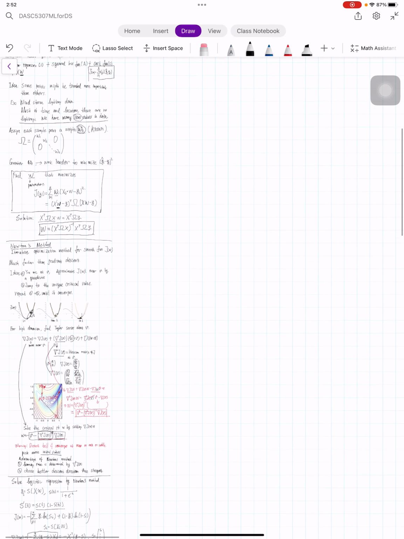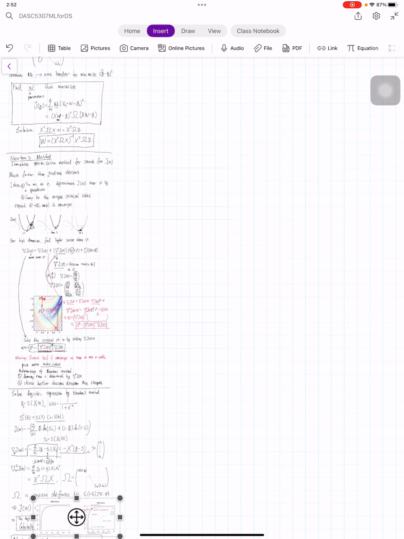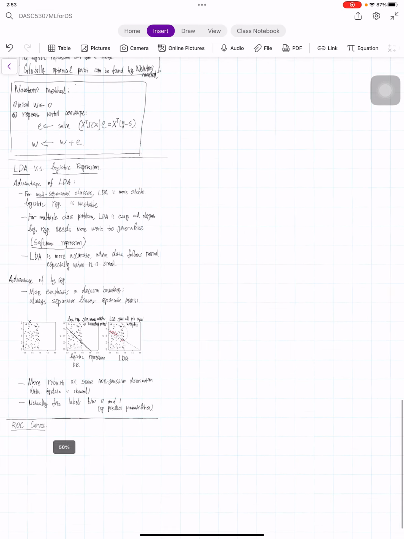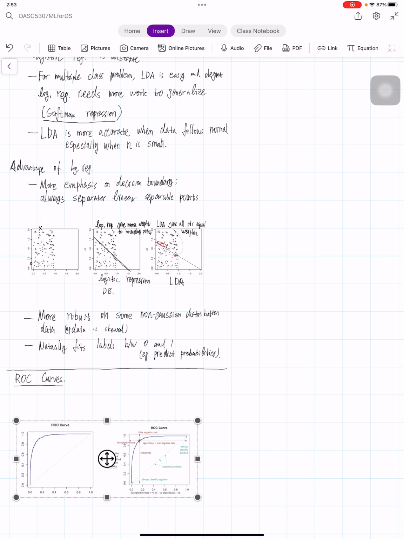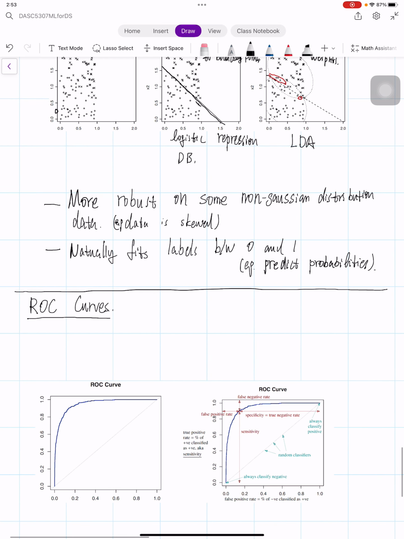Maybe let me give you the last plot. This ROC stands for receiver operating characteristics, which is for some historical reason.